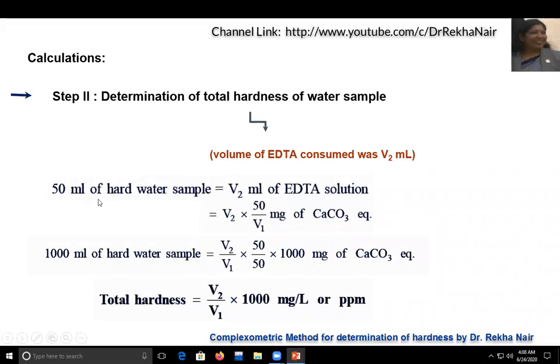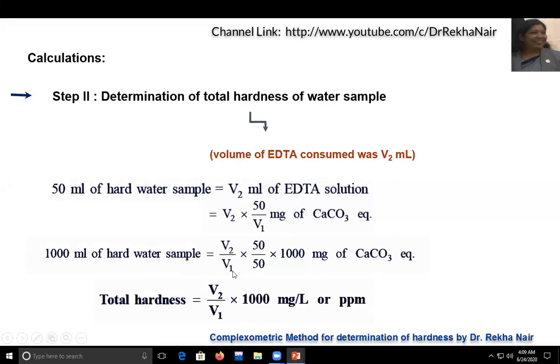So we can say that 50 ml of hard water sample is equal to V2 multiplied by 50 upon V1 milligram of calcium carbonate. Then 1000 ml of hard water sample contains how much? We multiply by 1000 and divide by 50. So V2 multiplied by 50 divided by V1, multiplied by 1000 divided by 50.